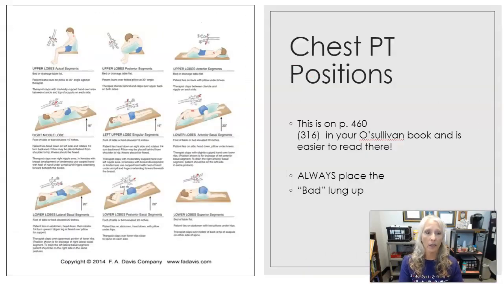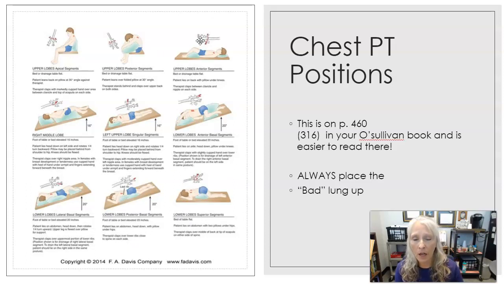Looking more specifically, this picture comes from your O'Sullivan textbook, and it may not exactly match the one you get in your spring licensure prep book, but it's going to be very, very similar. It always places the bad lung up, and it shows you for every single individual lobe of the lung why you're putting that piece of the lung up.